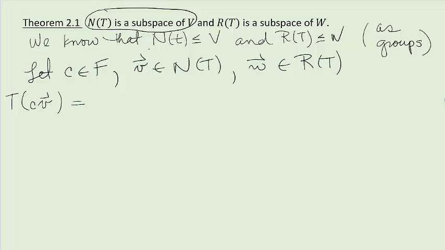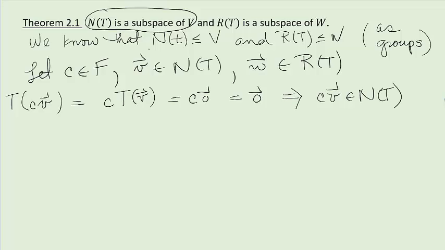T is linear, so this is equal to C T of V. Well, T of V is the 0 vector, so this is C times the 0 vector in W, which is, of course, the 0 vector. And since T sends CV to the 0 vector, we know that CV is in the null space. And that really concludes that the null space is a subspace.